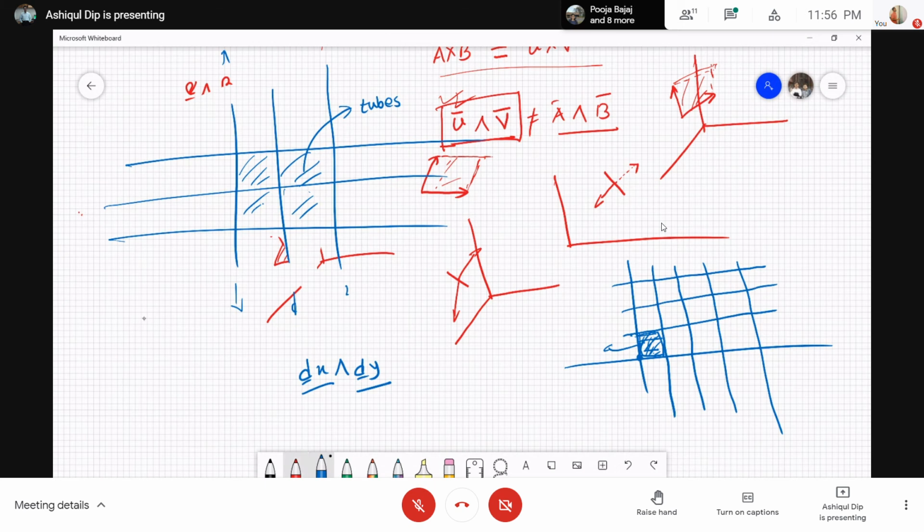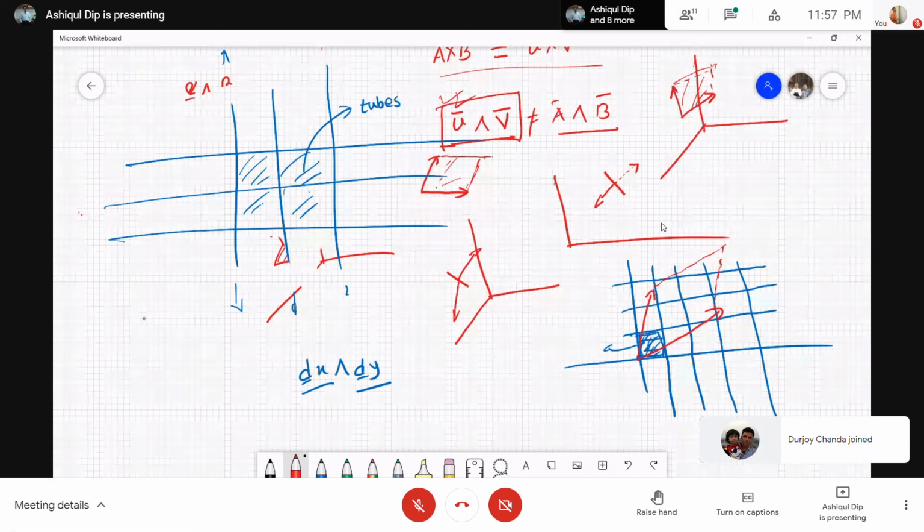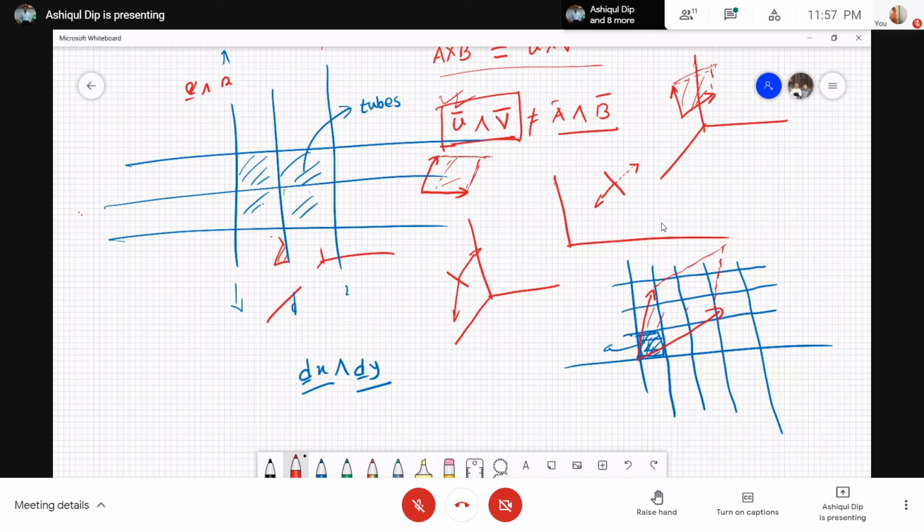Now, if we take our u wedge v, say we have our u vector like this, it pierces planes of dx and planes of dy. Also, if you have your v like this, then the parallelogram constructed by the whole thing will constitute this many cross sections of tube in it, right?